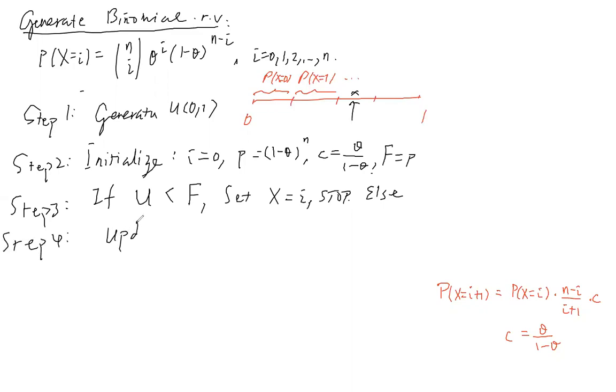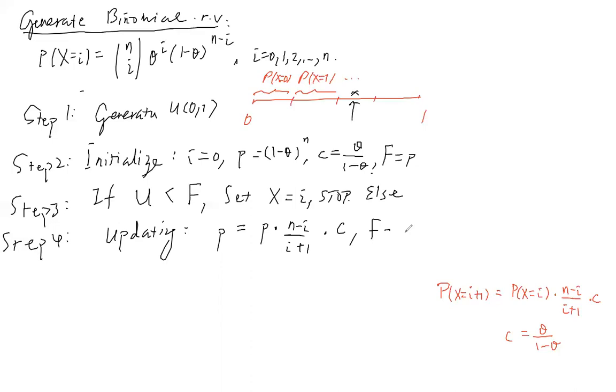Where you do the updating, right? Updating will be your P will be updated using the recurrence relation. So you will have the previous P times N minus I plus 1 times C, right?